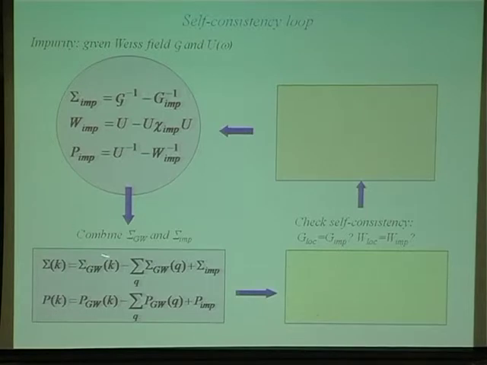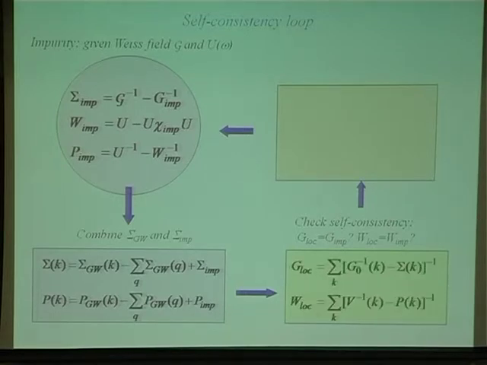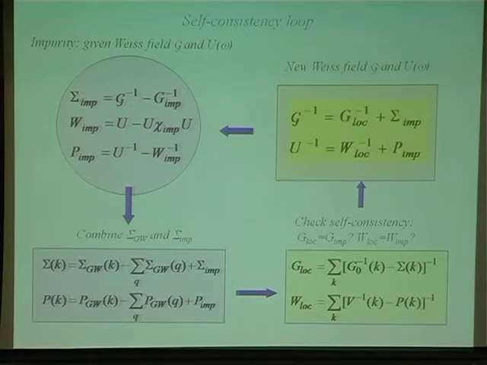The next step is to combine this with the GW self-energy: just add the two and subtract the local component of the GW to avoid double counting. Then one checks the self-consistency condition, calculating G local and W local. If this is not satisfied, then we calculate the new Weiss field and the new Hubbard U and continue.